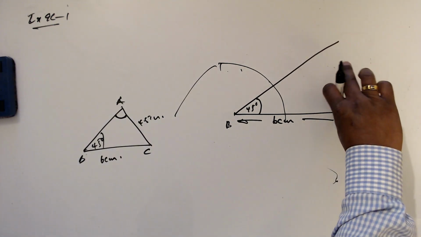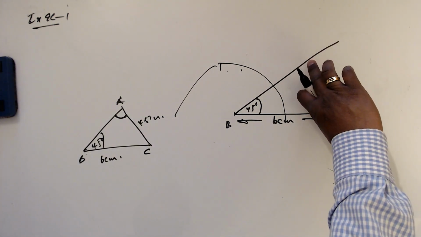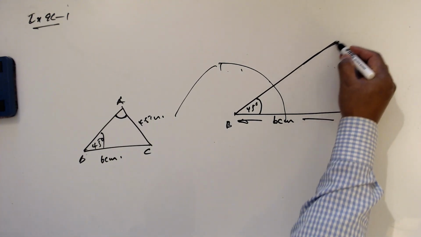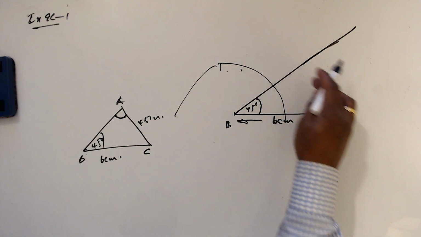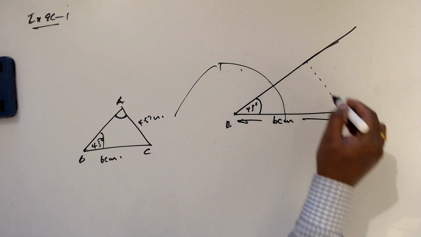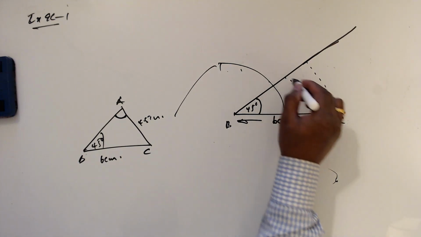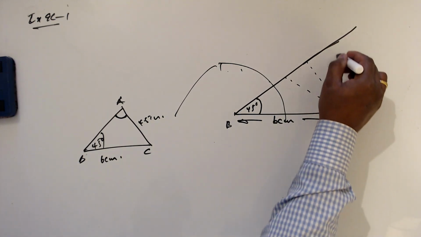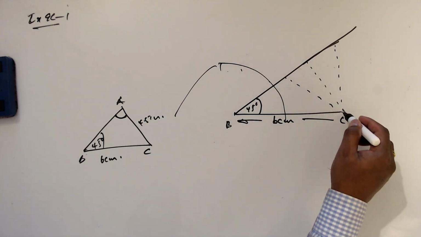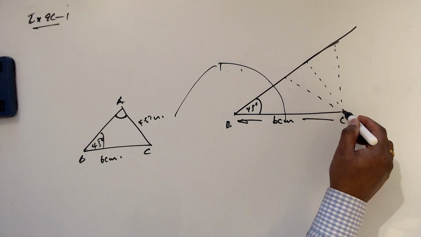Then I have to keep this one, and I want to make 4.5 distance. How are we going to measure 4.5 distance? Do you think it's going to be here? Or do you think it's going to be here? Which place? What is the best way of looking at this one?